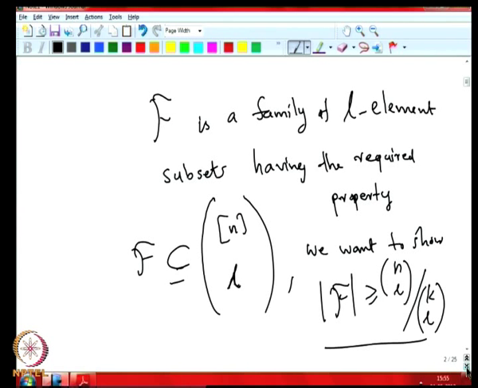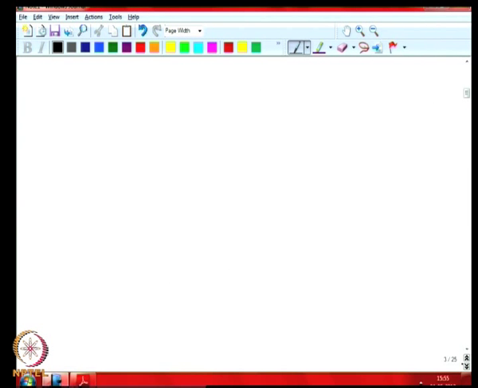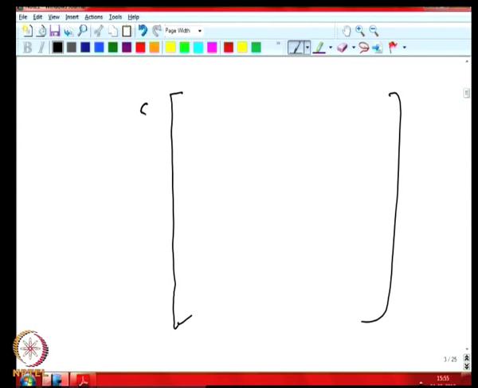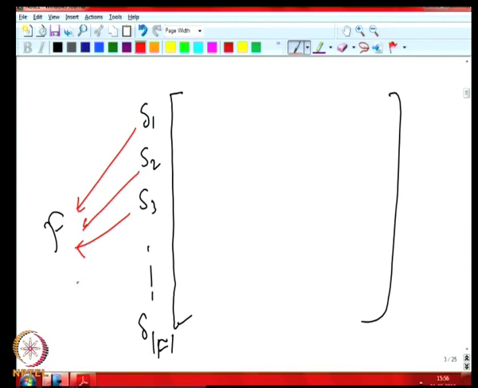So now we will again use the double counting technique. This time we index the rows by the members of F, say S1, S2, S3, up to the cardinality of F. These are all L element subsets, the members of F, which is a subset of this.